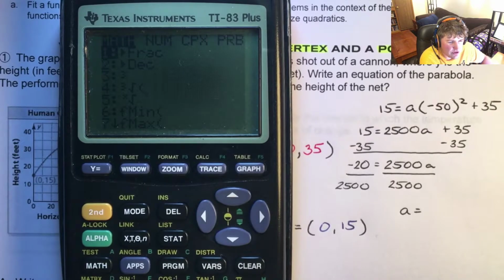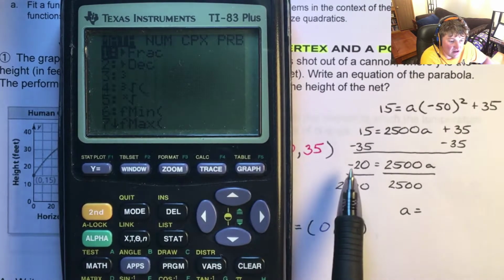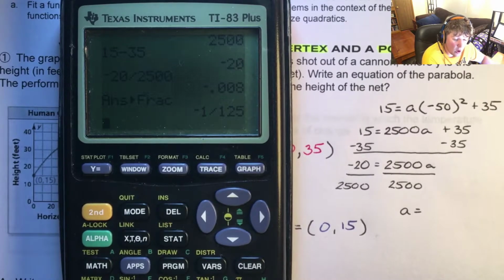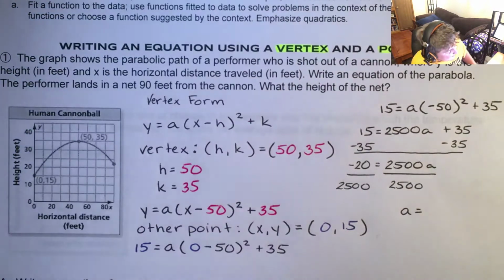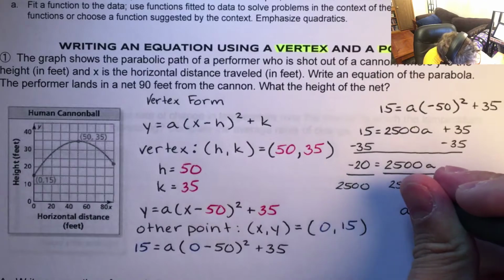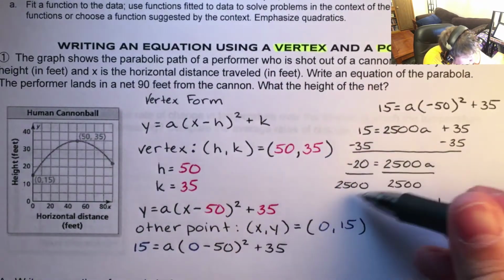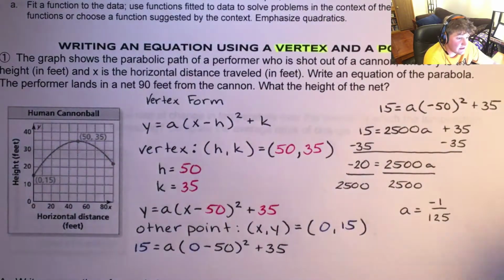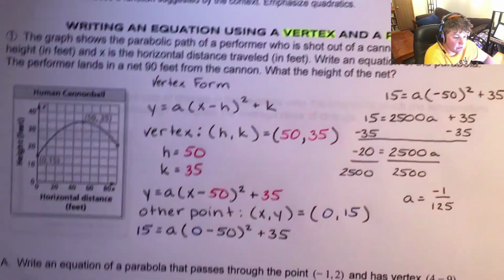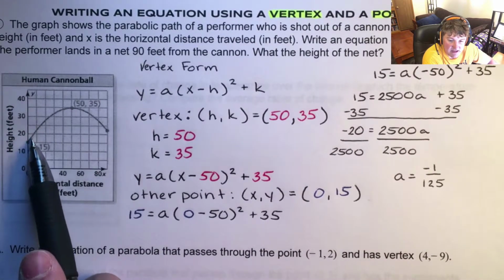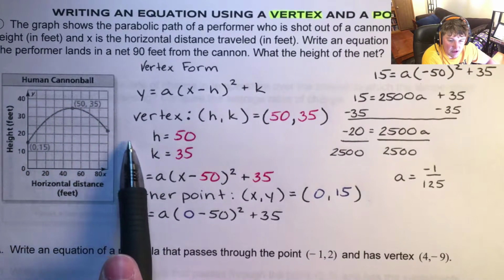What that will do is reduce the fraction negative 20 over 2,500 for us, and that's negative 1 over 125. That's what I'm going to go with. You could simplify this by hand, but I'm assuming you've already mastered that at some point, so you don't really need to.